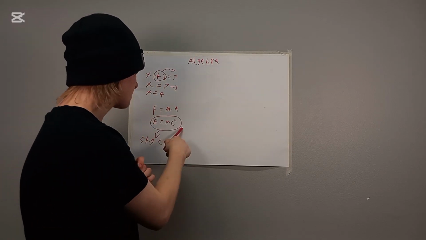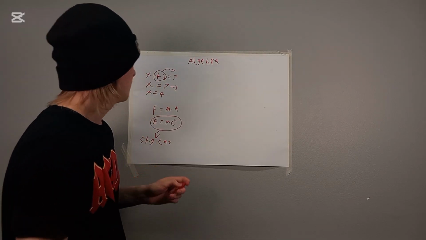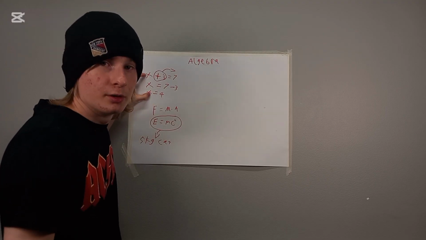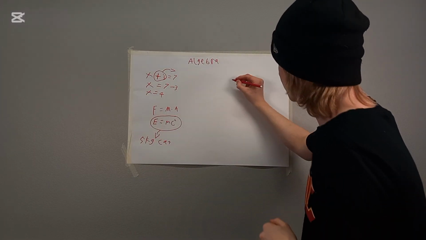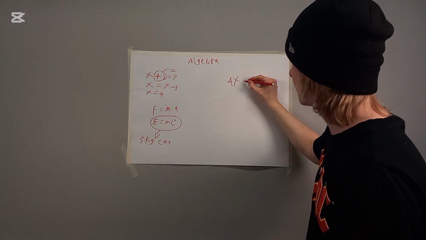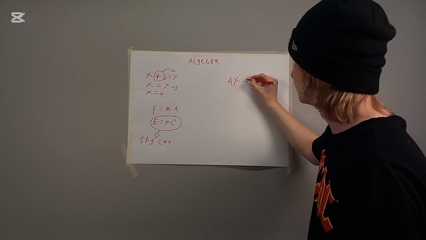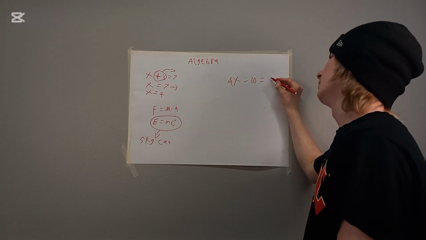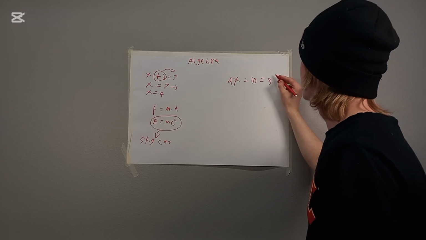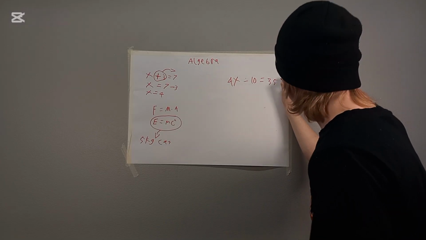This is also algebra, but this is the most known form of algebra. So let us say 4x minus 10 equals, let's say 35.